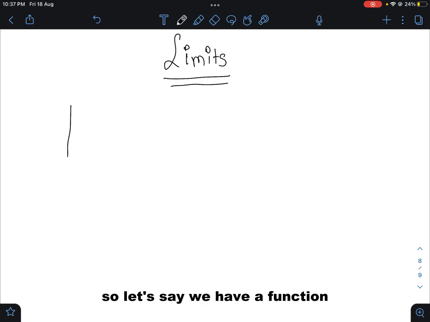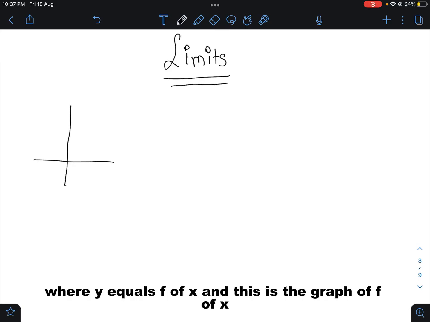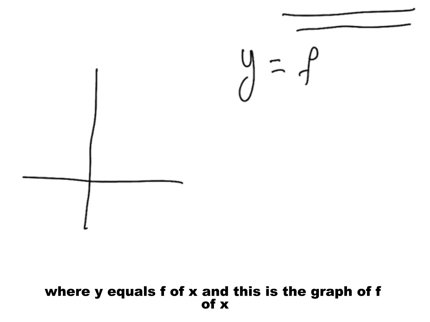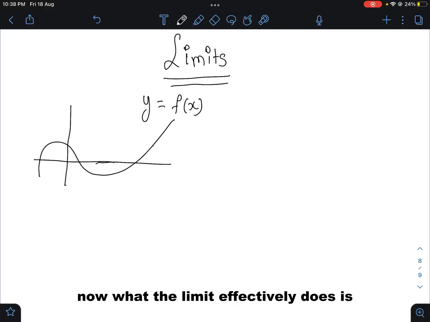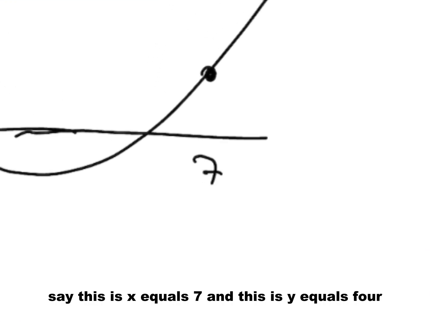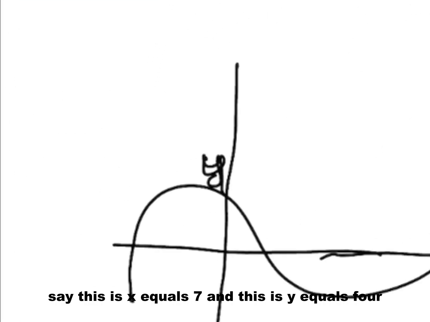So, let's say we have a function where y equals f of x, and this is the graph of f of x. Now, what a limit effectively does is, say this is x equals 7 and this is y equals 4.